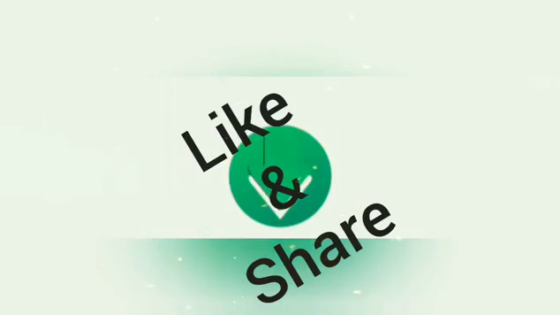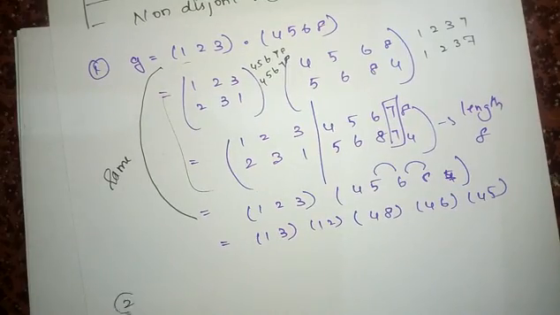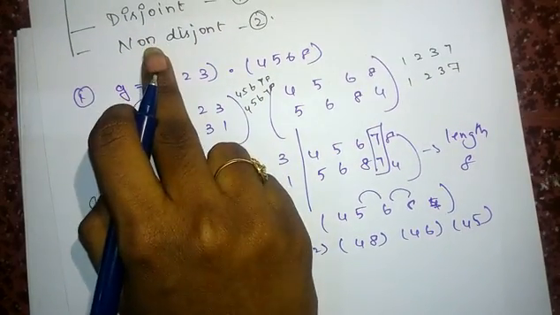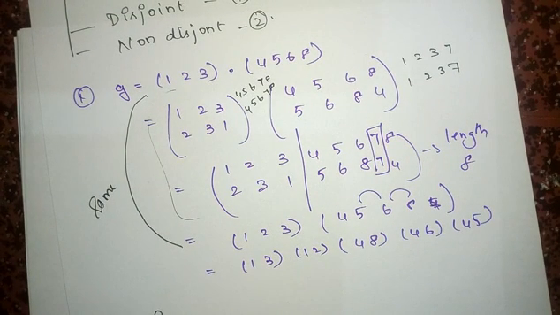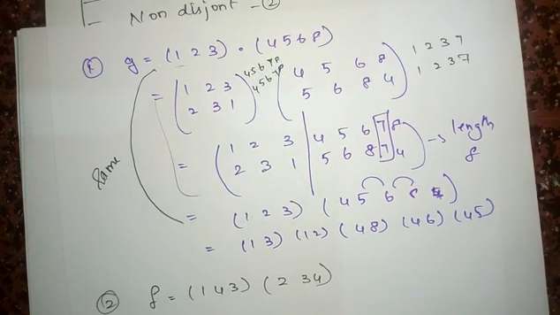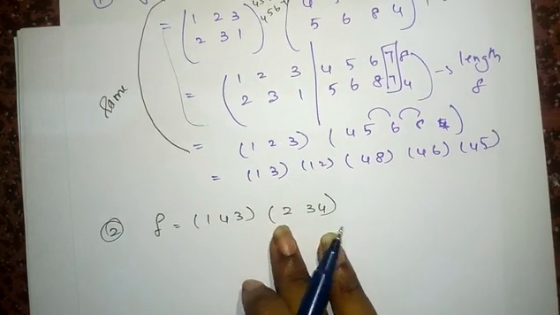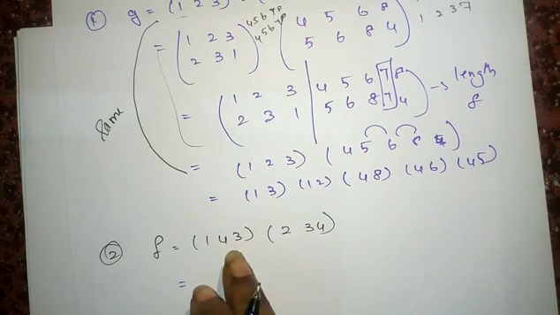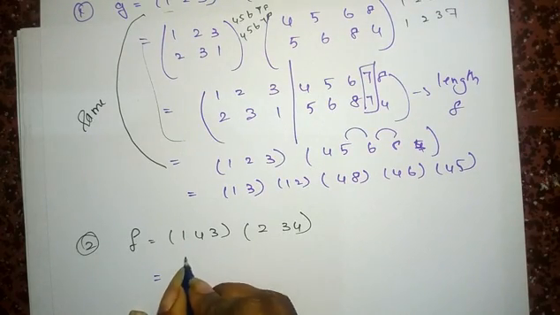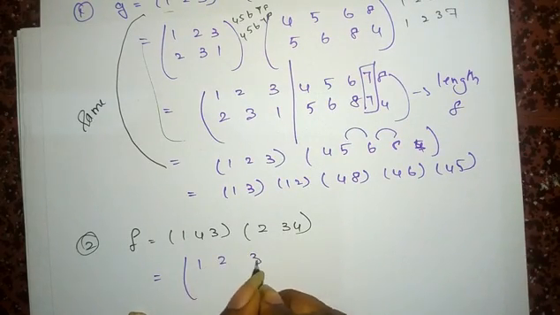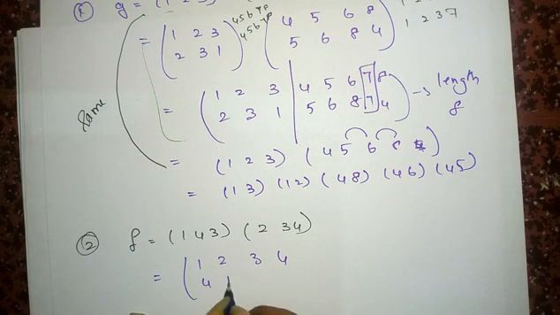Now we will go for non-disjoint permutation. In non-disjoint permutation, I'll take F to be (1, 4, 3) and (2, 3, 4). Of course, we are going to do composition mapping here, and I'm not going to do all this composition once again. 1, 2, 3, 4, and I'm just going to write the final answer.